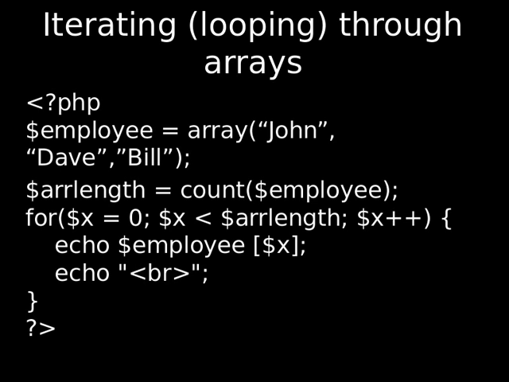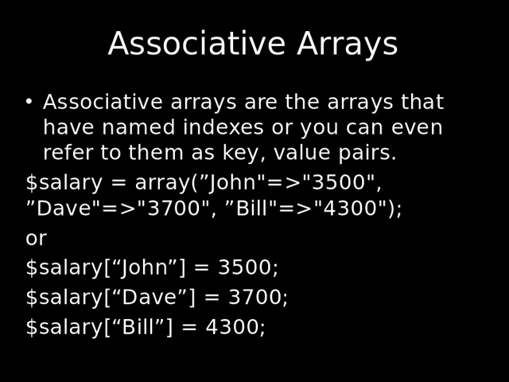Associative arrays are arrays that have named indexes, or you can even refer to them as key-value pairs. Let's say we have an array salary where index John has 3500, index Dave has 3700, and index Bill has 4300 as values.